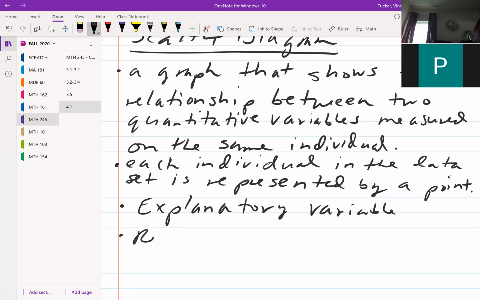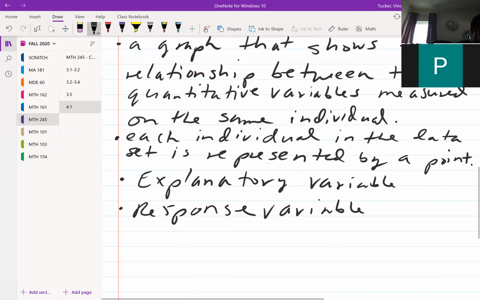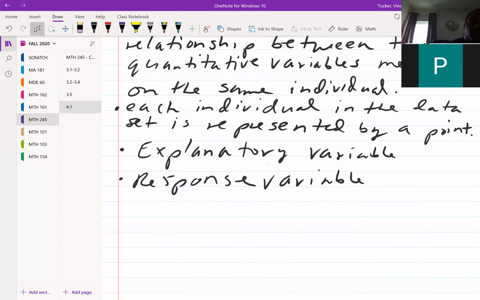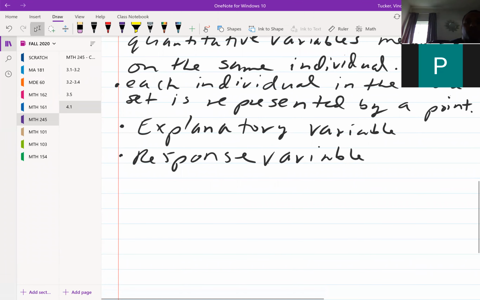And we have the response variable. All right, so those are our two variables. And let's talk about the difference between the two.